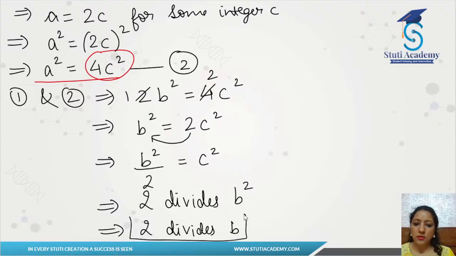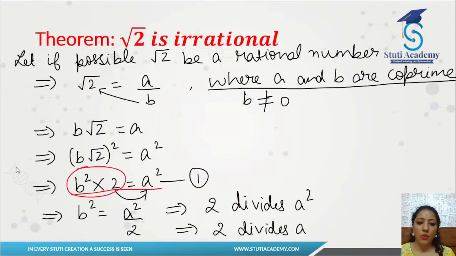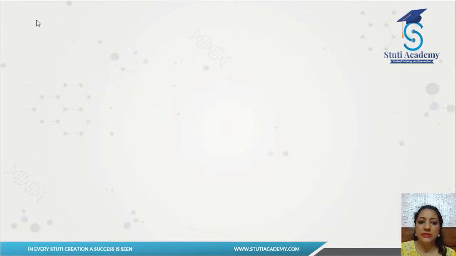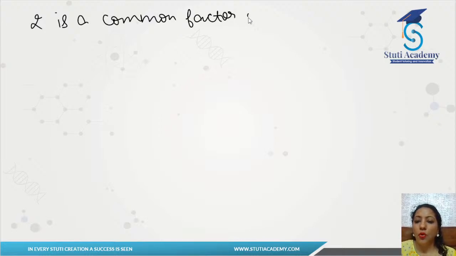Now please observe, 2 divides b we have written here. Also we have written 2 divides a. So can I say that 2 is a common factor of a and b? Yes, we can say that. So 2 is a common factor of a and b.